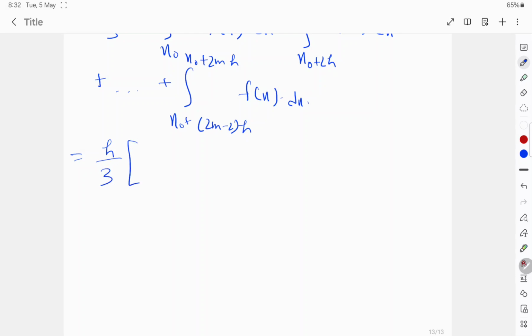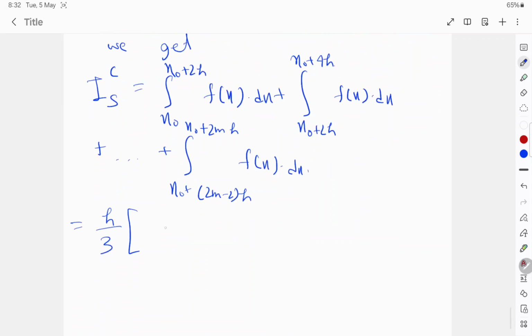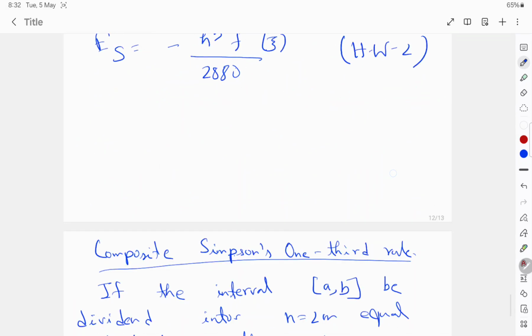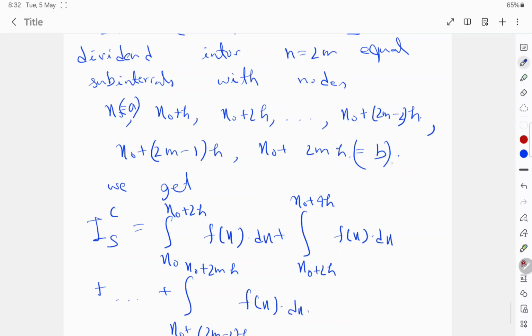So h by 3, you can take this as common for all of them. From the first one you will get f of x0 plus 4 f of x1 plus f of x2, where basically your xi equals x0 plus ih, that you know, right?